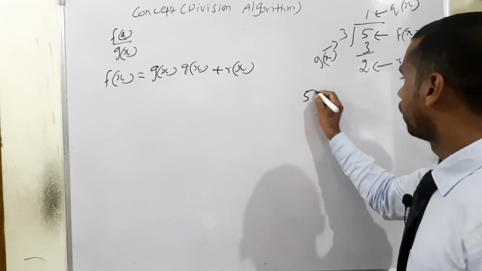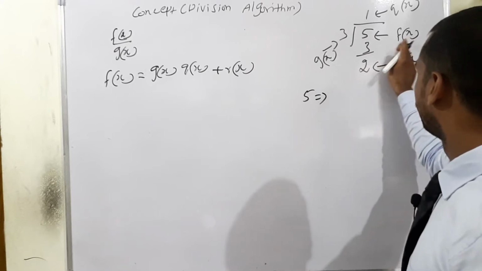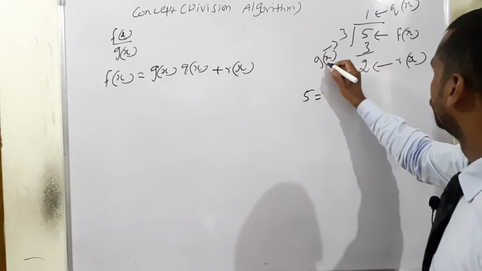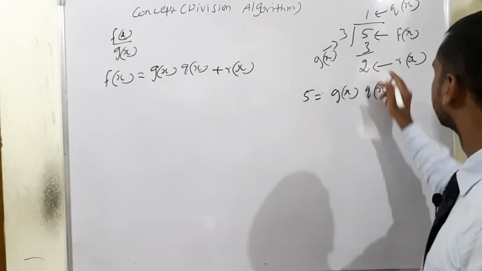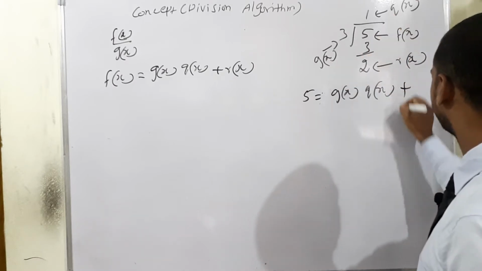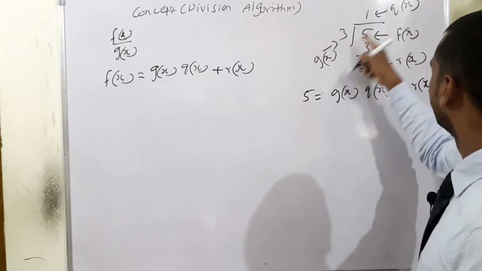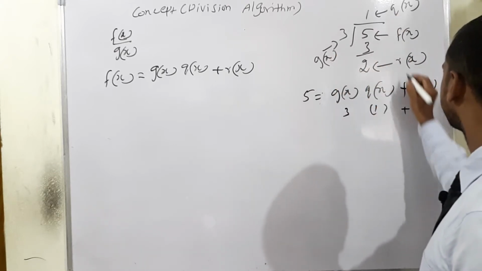Therefore, how to expand this 5? 5 will be equal to g of x into q of x plus the remainder r of x. So g of x is 3, q of x the quotient is 1, plus the remainder 2.